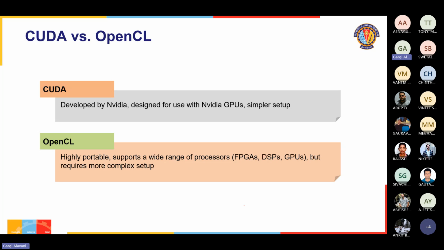In such a scenario, what do you use? That's where OpenCL comes into the picture, which is highly portable. It supports a wide range of processors, but it requires a bit more complex setup, and you may not get as much support in terms of programming and design with OpenCL, but it is equally good.